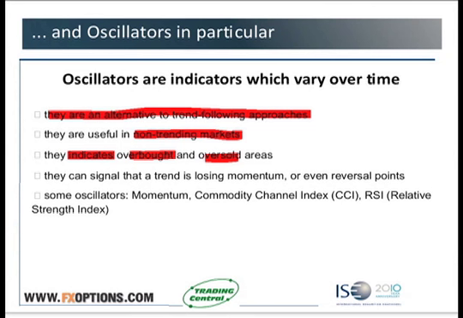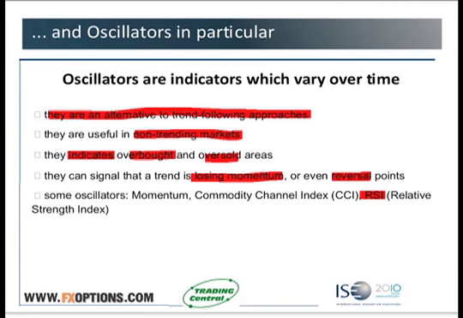So they can also signal that the trend is losing its momentum and may reverse. That's why it could be very useful for investors who are sometimes trend followers, and these oscillators would show that the trend may be arriving at an end, maybe reversing.